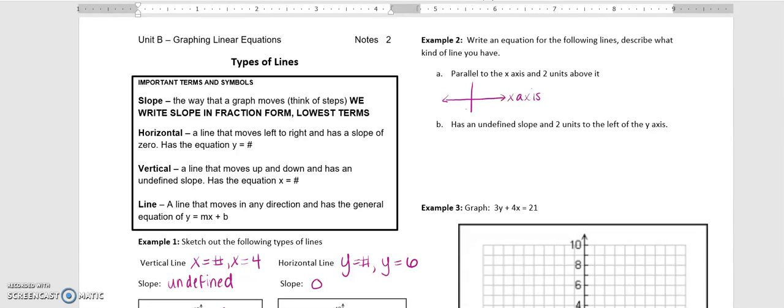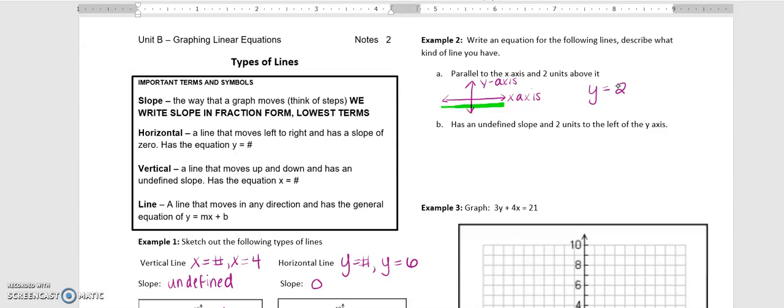The y-axis goes up and down. So if I'm parallel to the x-axis, it means that I run this way. So I am a horizontal line. Remember from example number 1, horizontal lines will always start with y, and they'll end in a number. So if I'm 2 units above the x-axis, it means I am a positive 2. Positive 2 goes up.